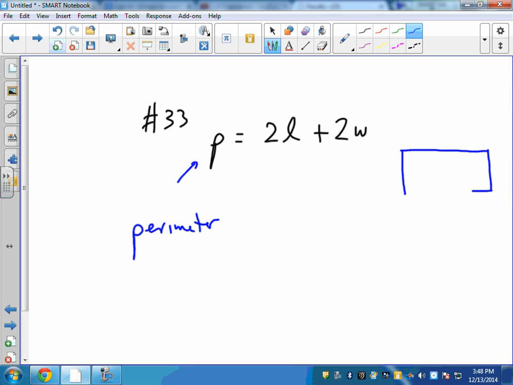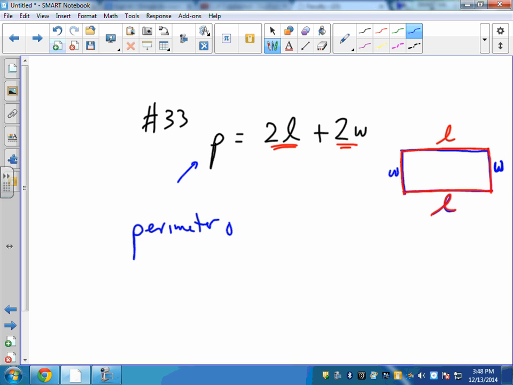A rectangle springs to mind. Here's L and W. Remember the other formula was the area of a rectangle. But now we've got two L's and two W's. Does that make sense? Sure, this is an L. We know rectangles are parallelograms, so opposite sides are equal, right? So that's also L. And likewise, opposite sides, W, W.